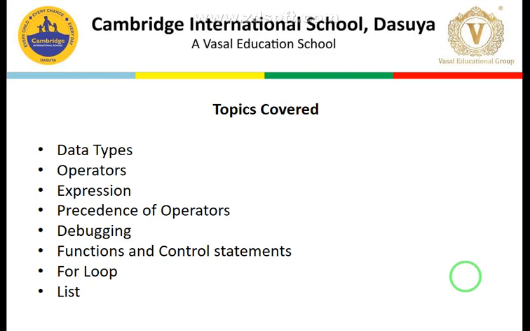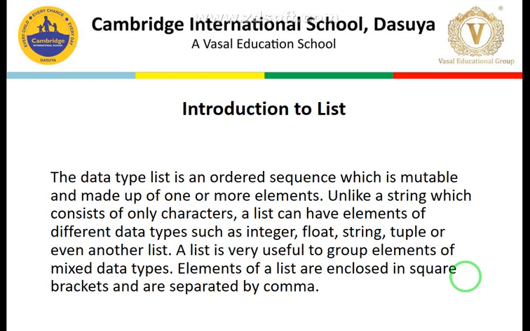Then we started another data type, that is the list, that is the ordered one. Here the items appear in a particular order. Just to revise the introduction to list, it is an ordered data type, which is mutable, means its elements can be changed. So unlike a string which consists of only characters, here we can use mixed elements.